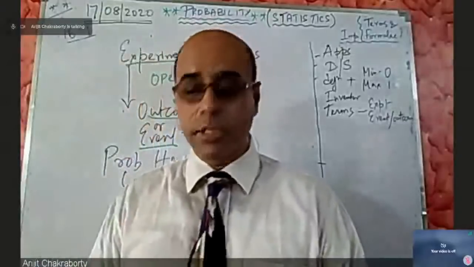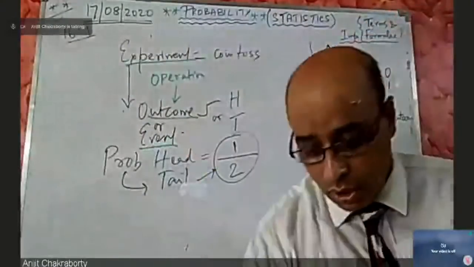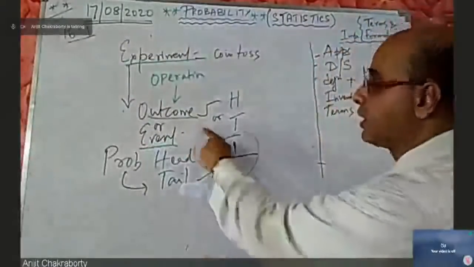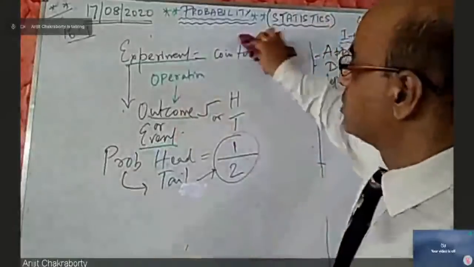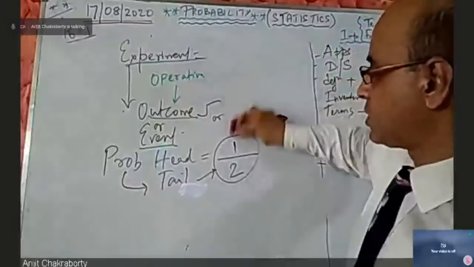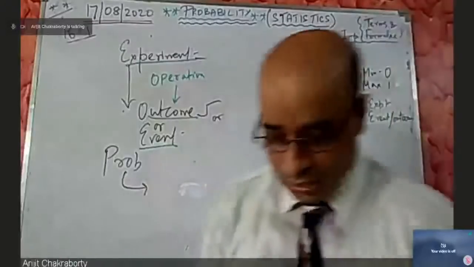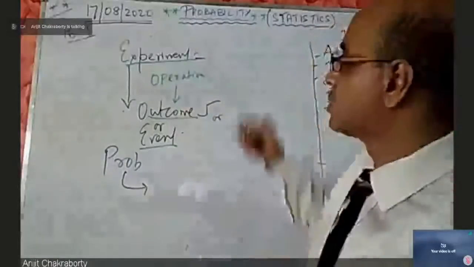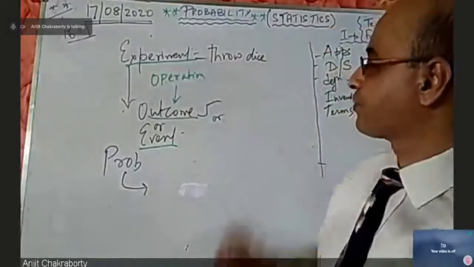It is a random experiment and it will give you some outcome. So, this was the outcome in case of coin tossing. Now, if I just remove this, the experiment now is throw a dice.